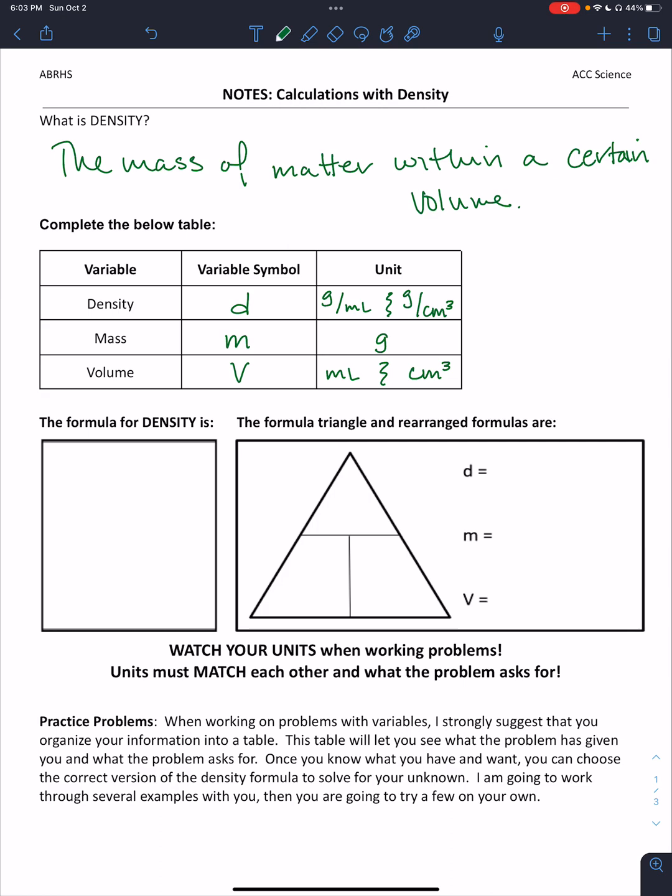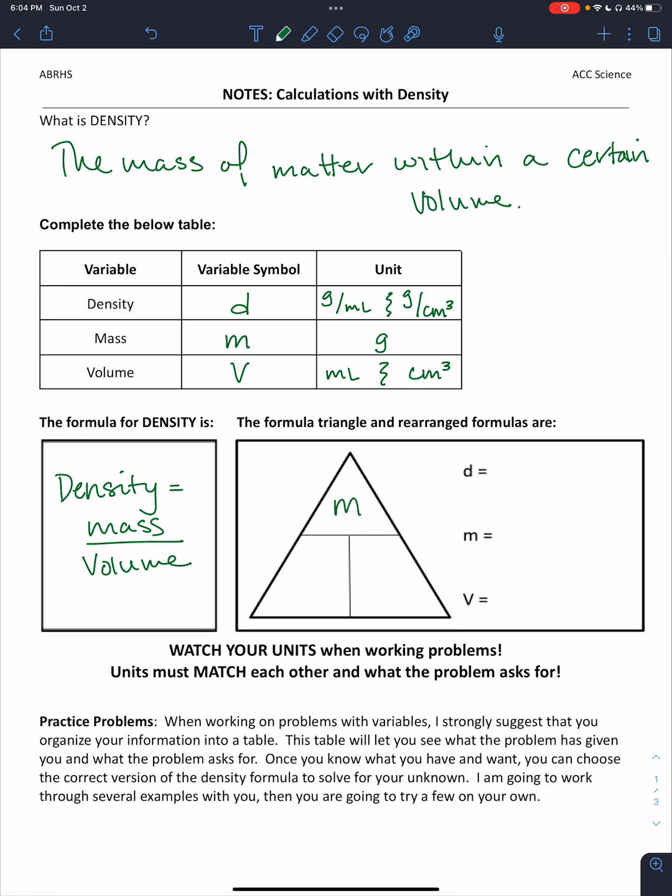The formula for density: density equals the mass of the object divided by its volume. For our triangle, you don't have to use the triangle. Some kids like it, some kids don't. It's up to you. But the way it works is we mirror the formulas.